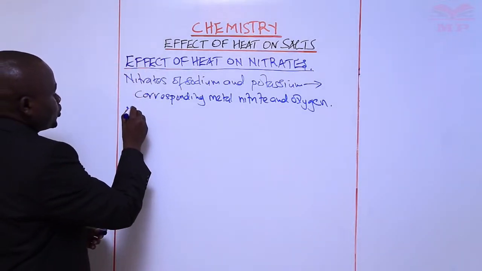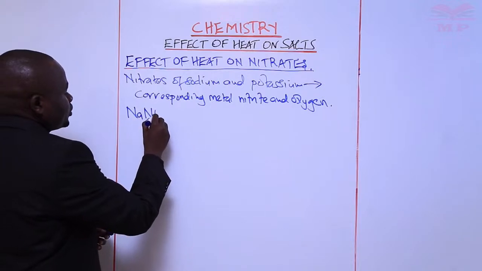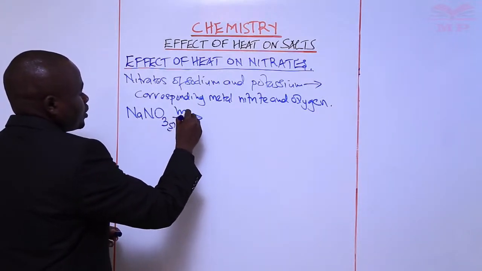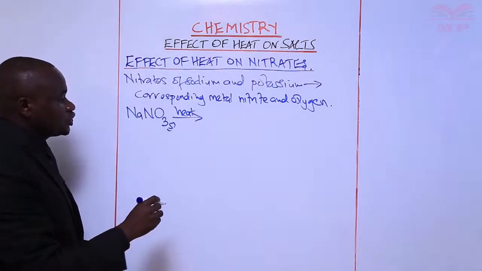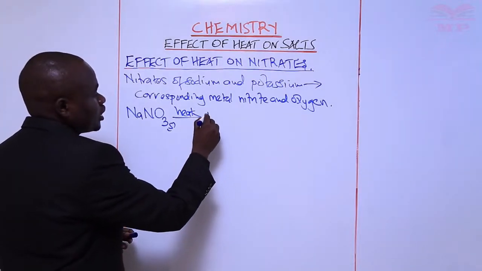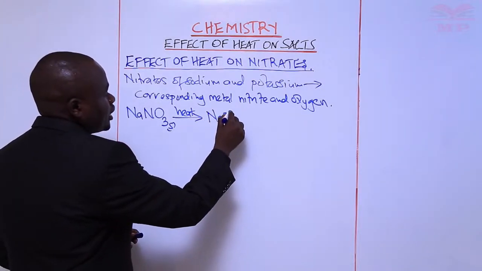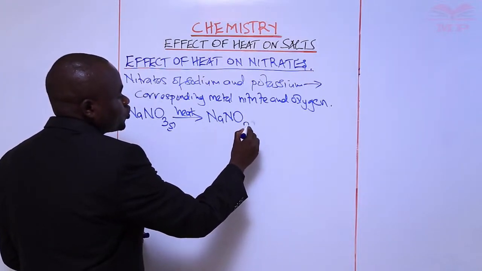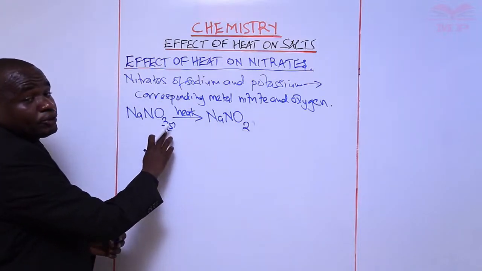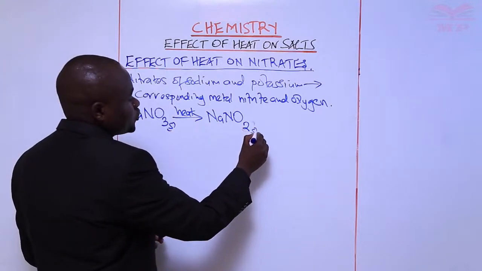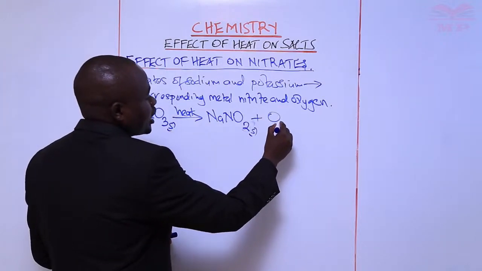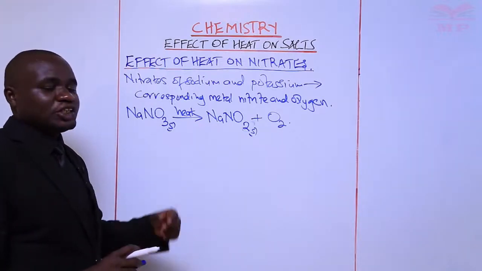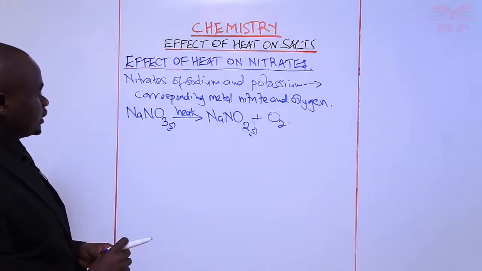Sodium nitrate, solid, when you heat it, you'll get two products: sodium nitrite and oxygen gas. Nitrite has an NO2, but a nitrate has an NO3. Don't forget, anytime you write an equation, you should balance.